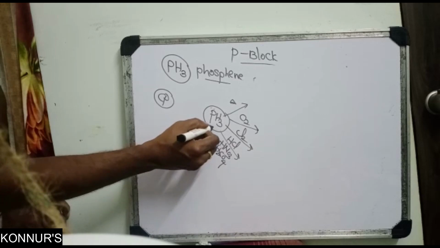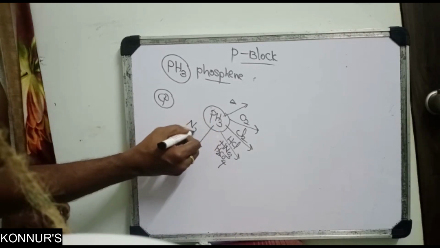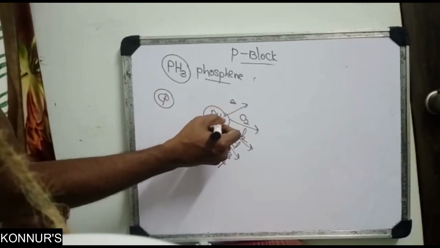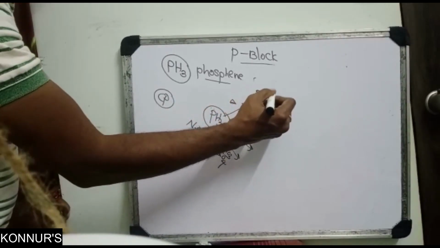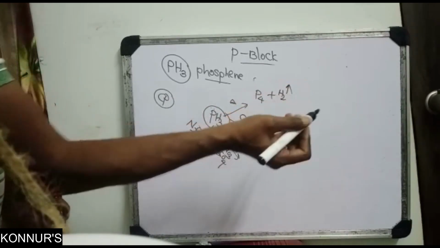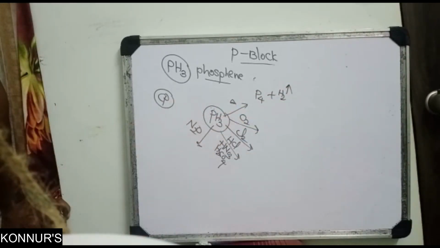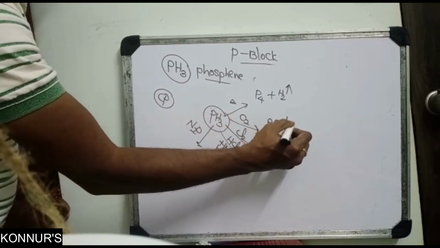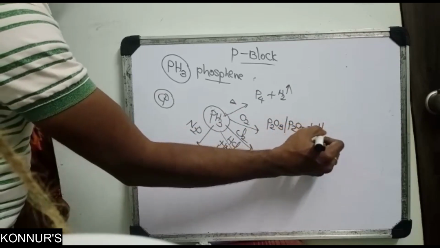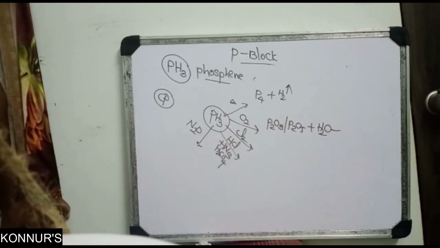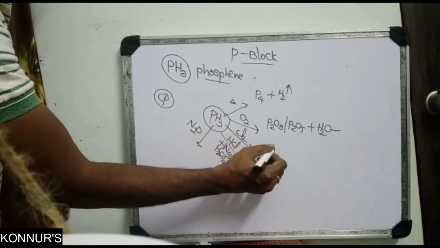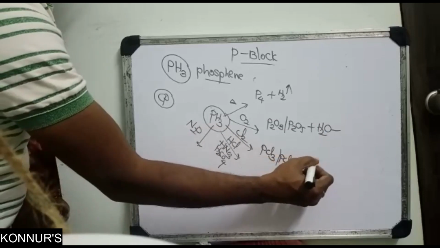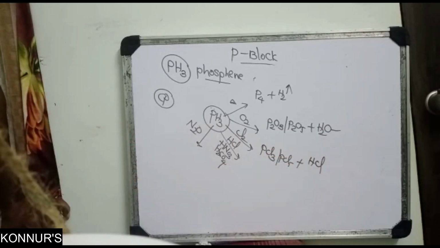If oxygen contained compounds like N2O, oxygen supplied compounds, we are heating, phosphorus is separated and hydrogen gas is separated. If you heat with oxygen, you get P2O3 or P2O5, and water will be eliminated. With chlorine, you get PCl3 or PCl5, and HCl is eliminated.